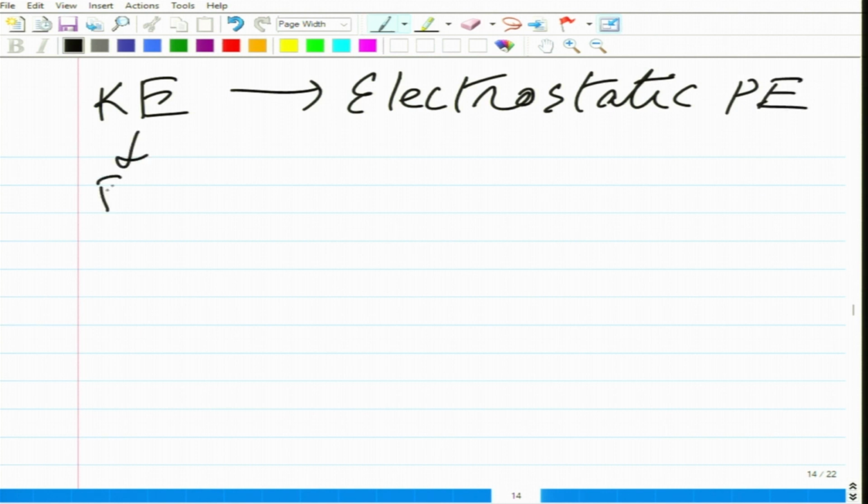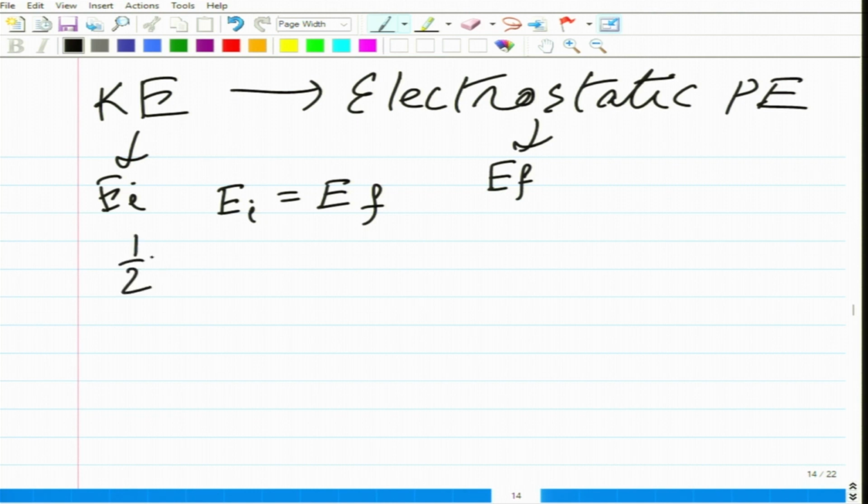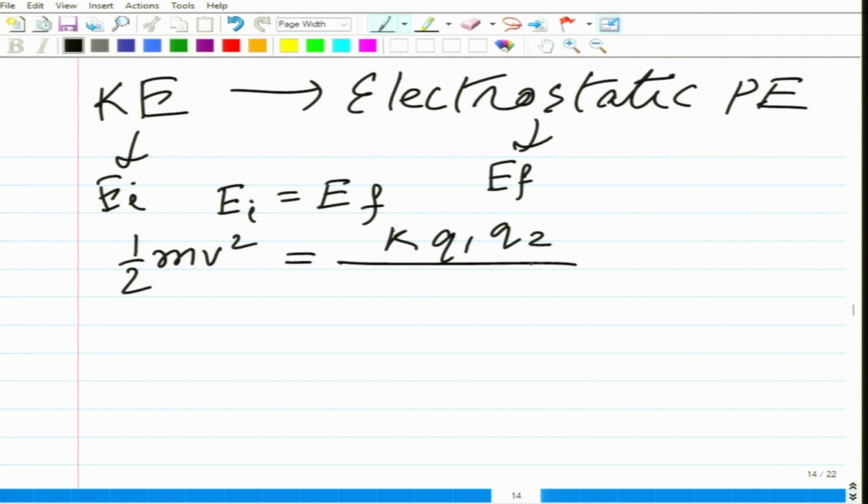This is the E initial and this is the E final. E initial was half mv square and E final is k q1 q2 by d. We have to find this d.